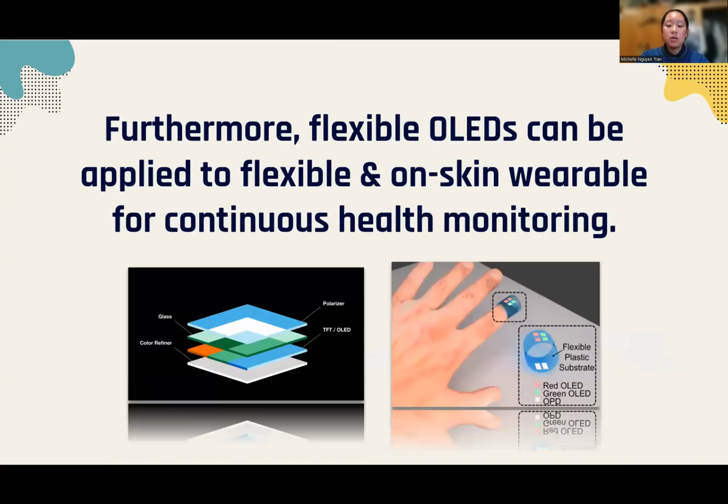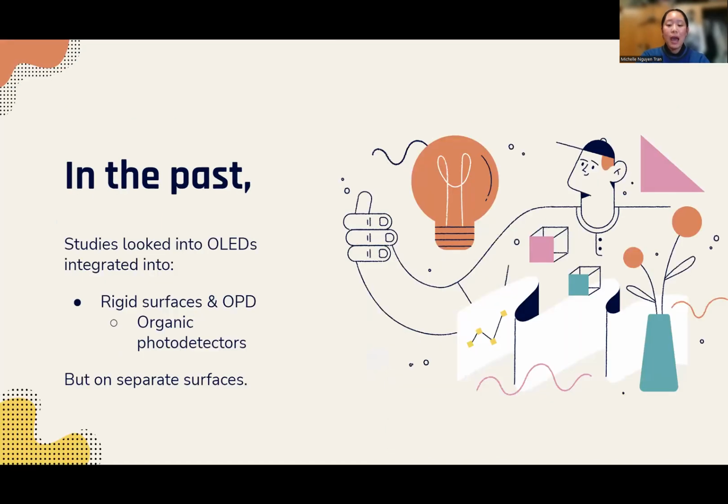Furthermore, the use of flexible OLEDs can be applied to flexible and on-skin wearable sensors for continuous health monitoring, such as with wearable pulse oximeters. In the past, there have been studies that looked into OLED integrations into rigid substrates and OPDs, or organic photodetectors, on separate surfaces separately.